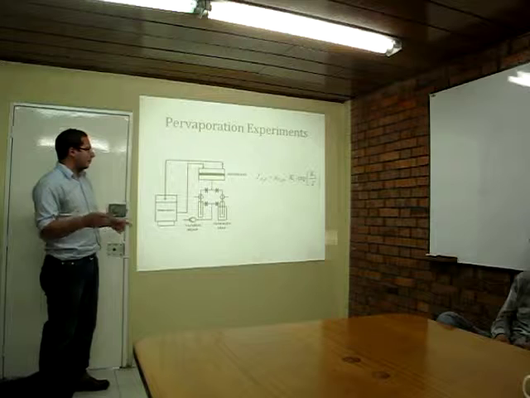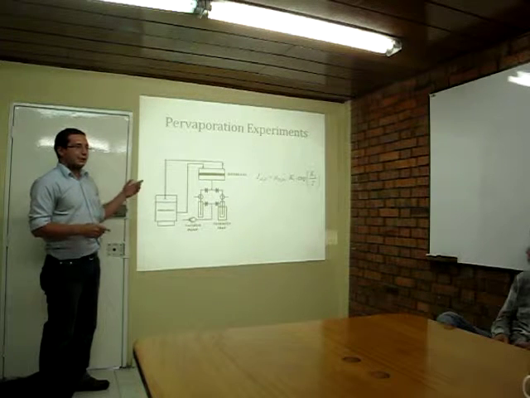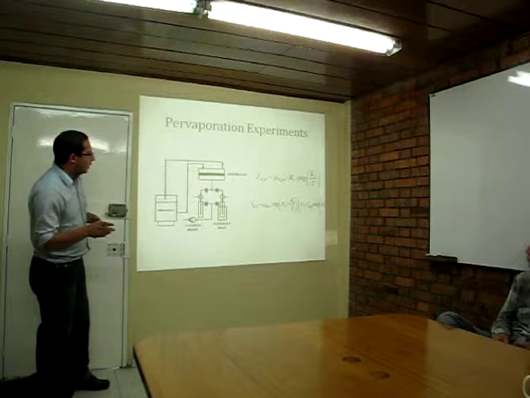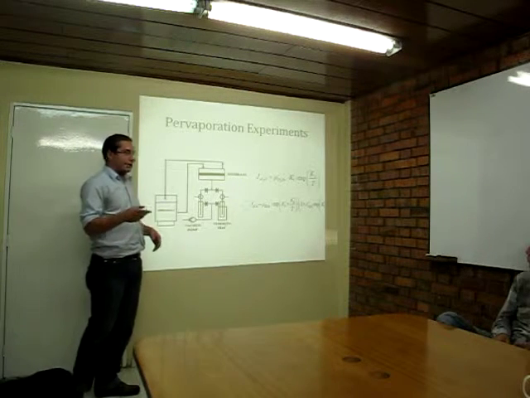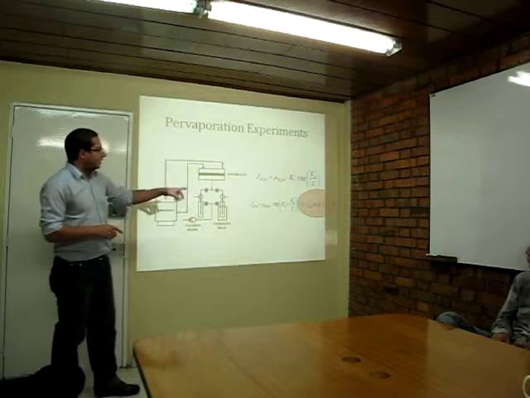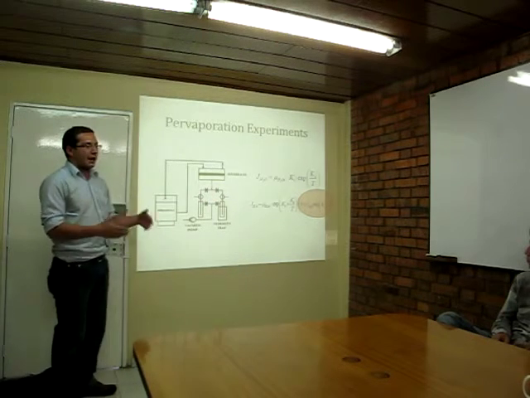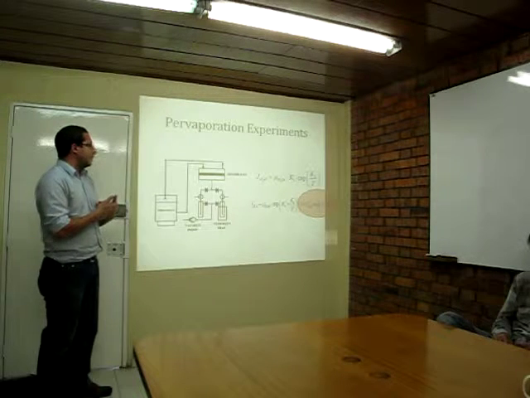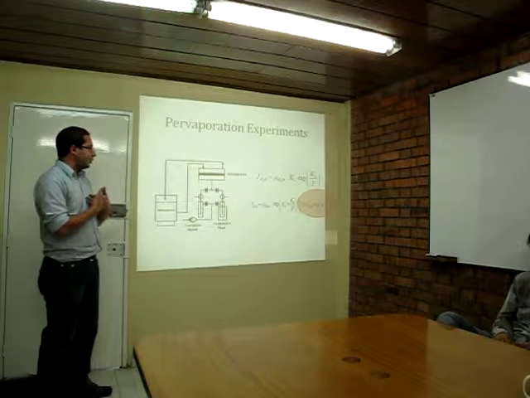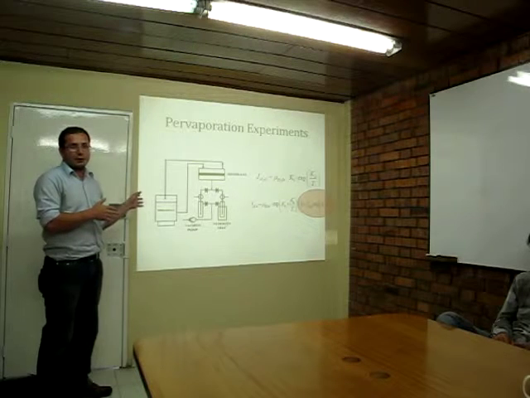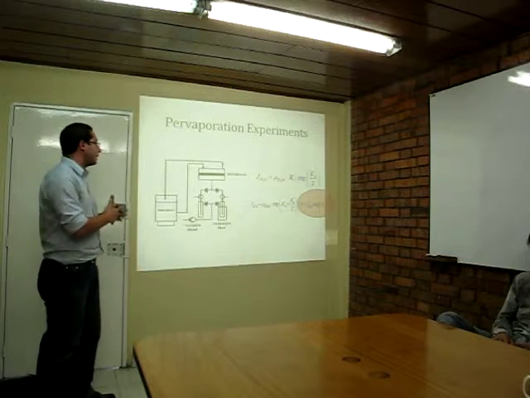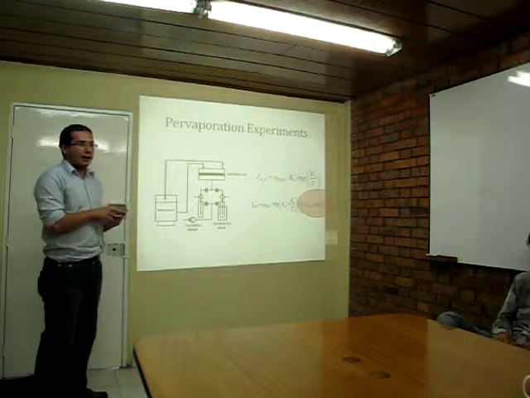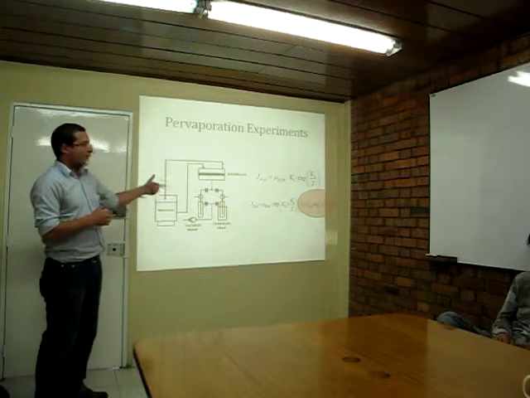This is the mathematical model of the flux of the water and the ethanol through the membrane. We can see in this part that this is a particular expression of this mathematical model, because this shows the people that work in this work that the water has a power over the ethanol.